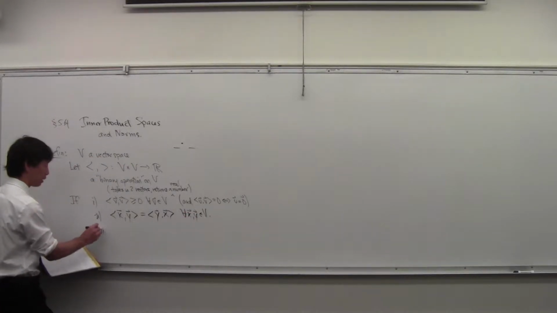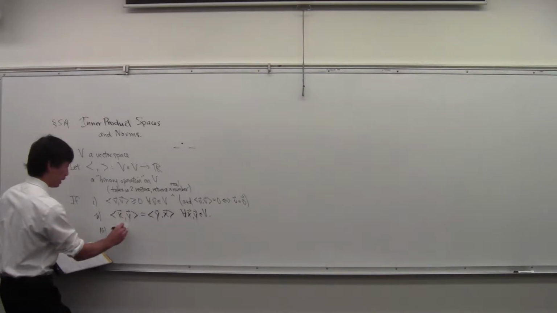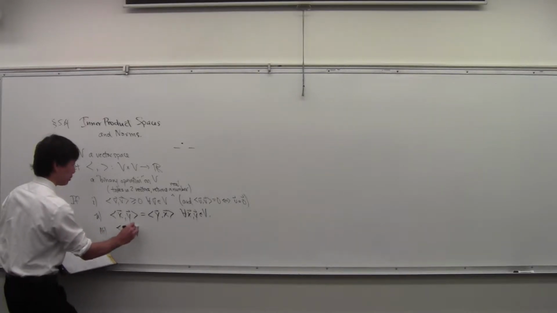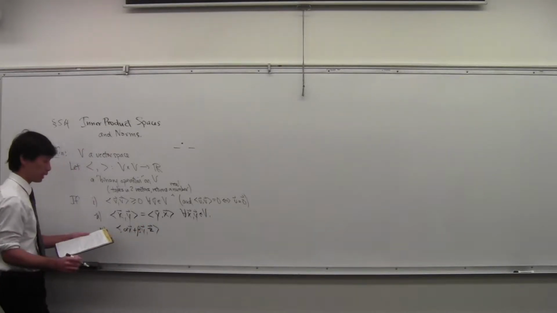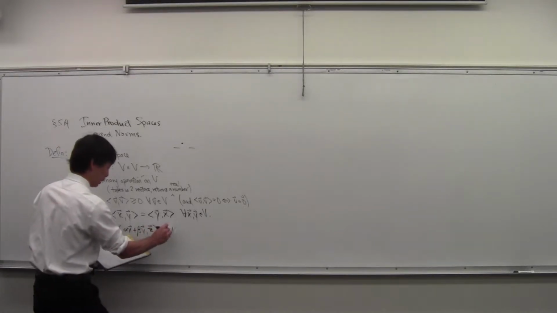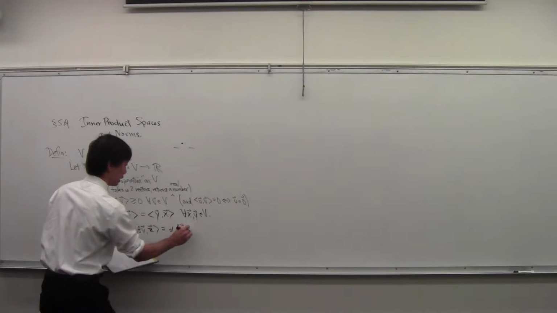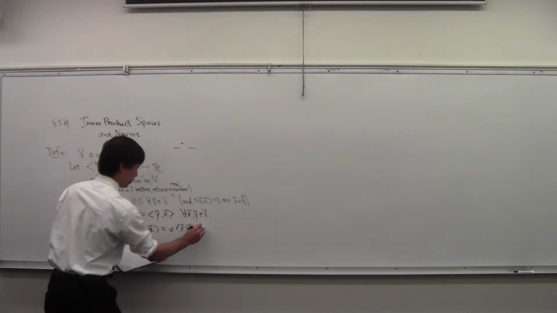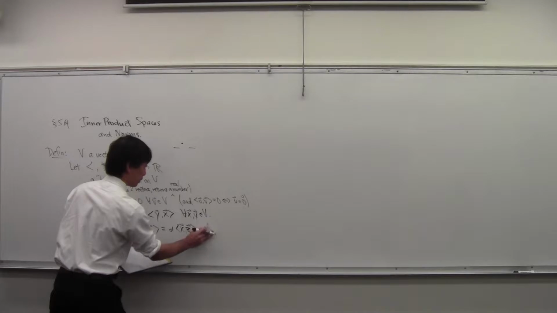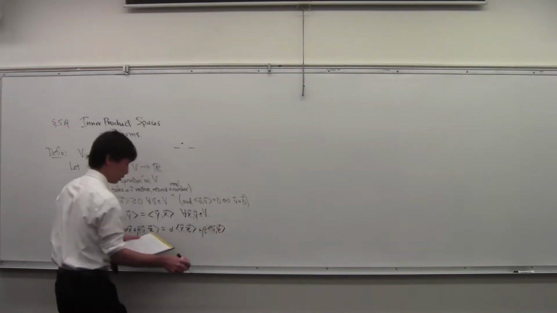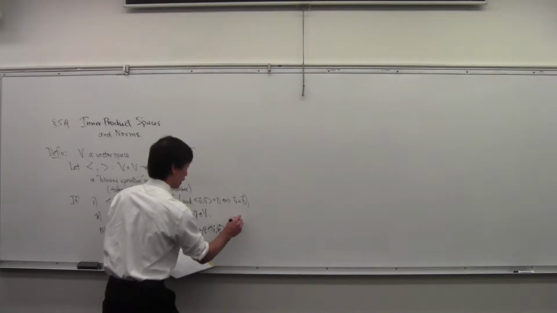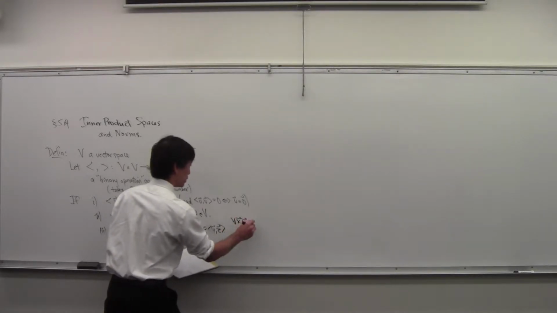And three, alpha x plus beta y against z equals alpha x against z plus beta y against z, for all x, y, z, and alpha, beta.